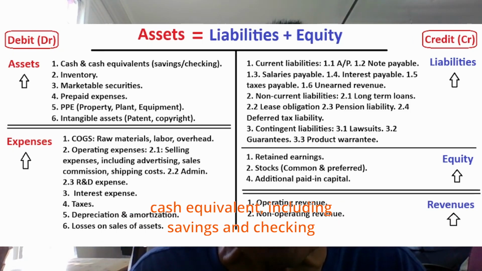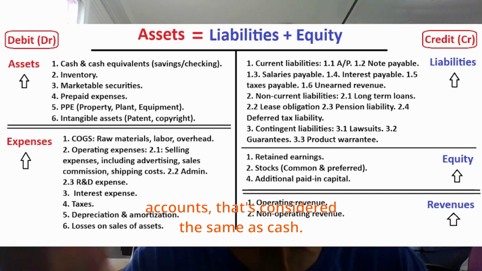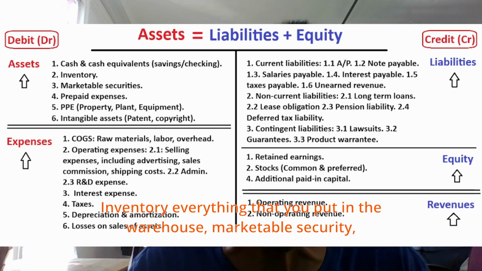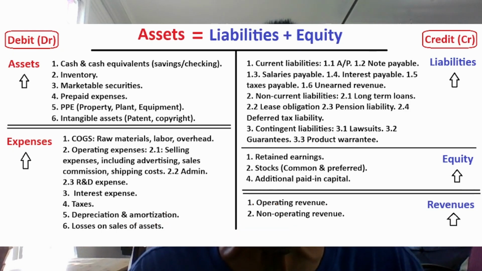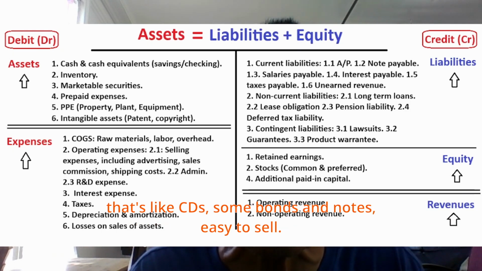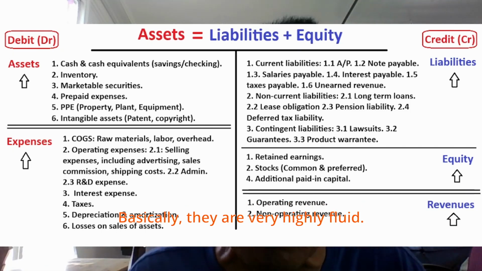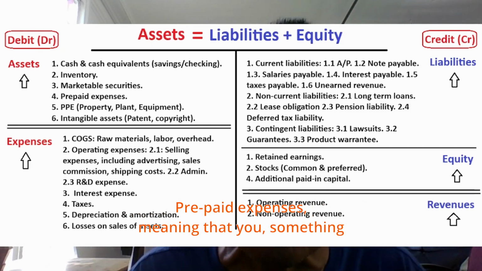For example, cash and cash equivalents, including savings and checking accounts, are considered the same as cash. Inventory is everything that you put in a warehouse. Marketable securities are like CDs, some bonds and notes, easy to sell. They are very highly liquid.